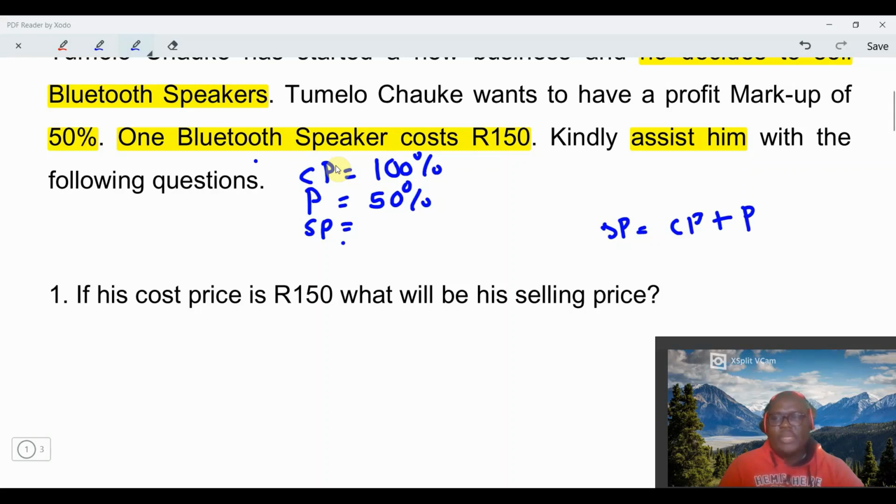So from this information, our cost price is 100%, and then the profit that he wants to make is 50%. So all in all, the selling price will be 150%, right? So this is what we know, that his selling price is at 150%, right?